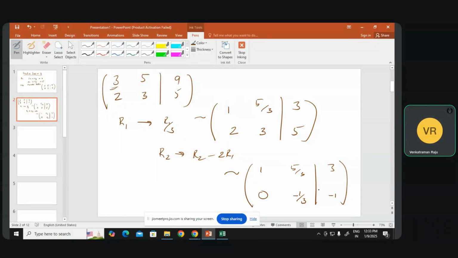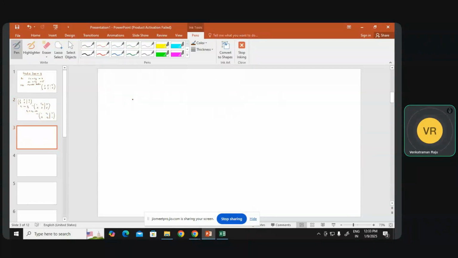So what is the next step? The next step is to get a 1 here, right? If I multiply R2 by minus 3, minus 3 times minus 1 by 3 becomes plus 1. So I'll do that here. R2, I will rewrite as minus 3R2. So my new matrix is 1, 5 by 3, 3 as it is. Second row is what I'm doing now.